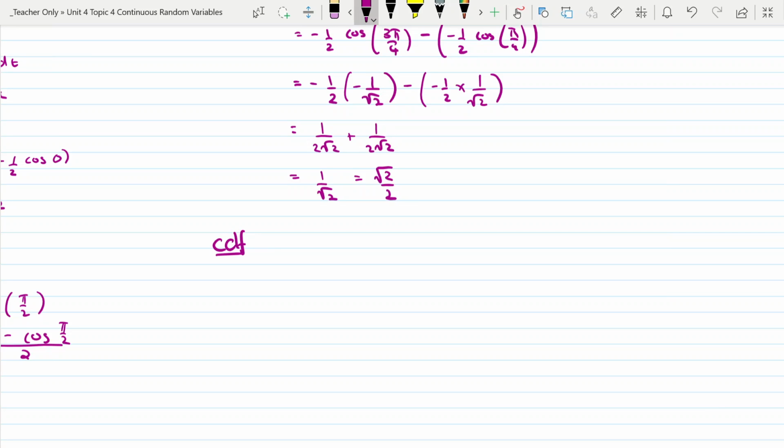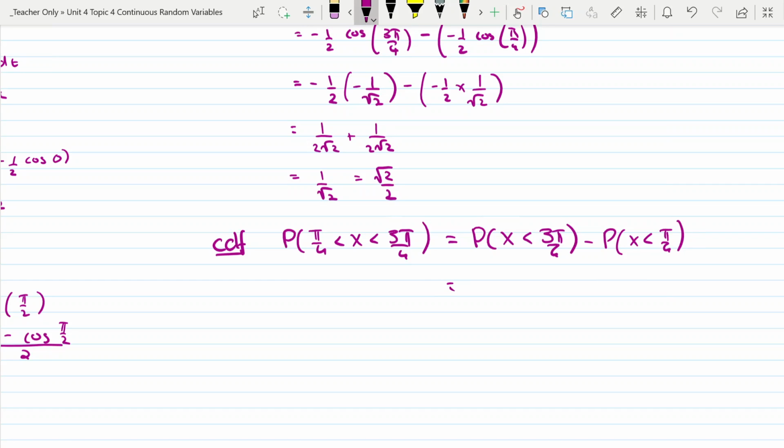If we were going to use our CDF, and I'm just doing this to show you that both of them would work, probability of x falling between pi on 4 and 3 pi on 4. Now remember, we have to do our larger one minus the smaller one, so probability of x being less than 3 pi on 4 minus the probability of x being less than pi on 4 is going to be our function at 3 pi on 4 minus the function at pi on 4.